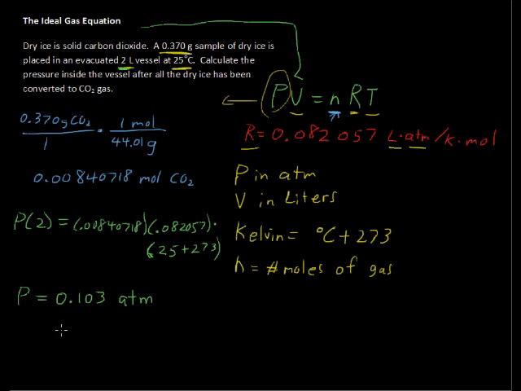So 760 millimeters mercury is the pressure at sea level. 0.103 multiplied by that would be about 78 millimeters mercury, just in case you were wondering where that pressure was in millimeters mercury.